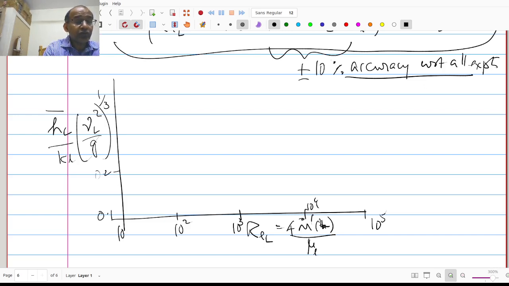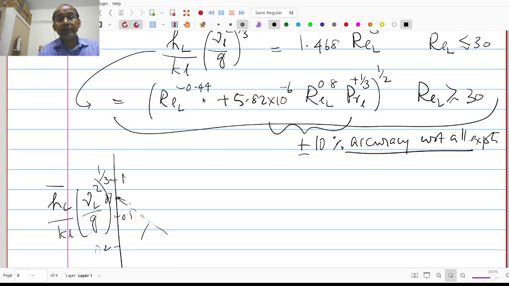0.2, 0.5, and finally it goes to 1. So this is how the y-axis is. This starts at somewhere like 0.7. And there is a straight line curve which basically is the laminar part of this curve, which is 1.468.